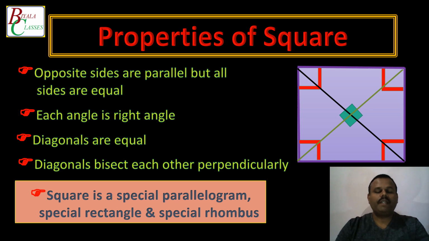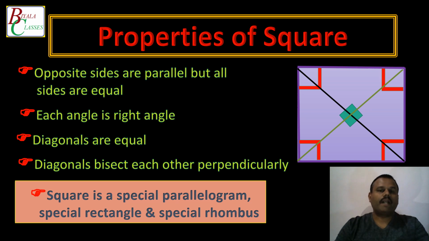So seeing that there are properties similar to the parallelogram, rhombus and rectangle, we say that a square is a special parallelogram, it is a special rectangle, and it is a special rhombus. Now why is it a special parallelogram? In a parallelogram, if the adjacent sides are equal and each angle is 90 degrees, then it becomes a square.